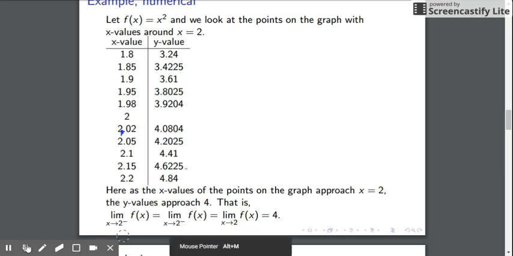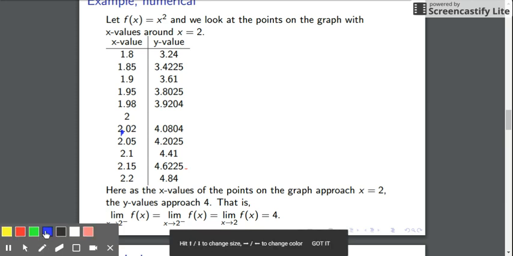And so if this limit is equal to 4 and this limit is equal to 4, then the limit is going to be 4. The limit from the left is equal to the limit from the right, and it's equal to 4. This one should be plus.